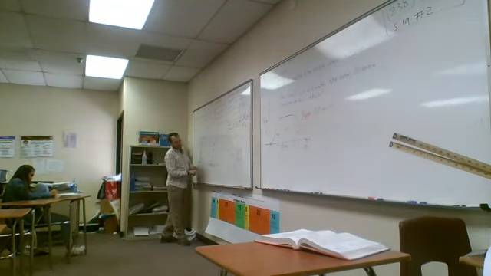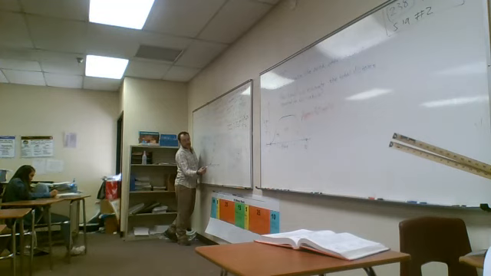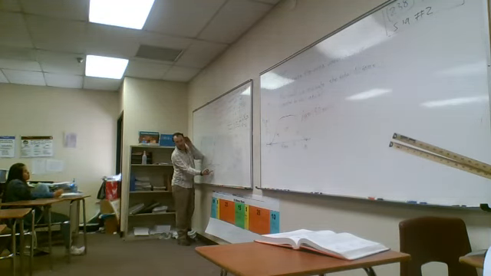Okay, let's find the area of all these. What's the area of the first one? 1, 4, 9. Okay, 1 plus 4 is? Plus 9 is? 14 plus 16 is 30.